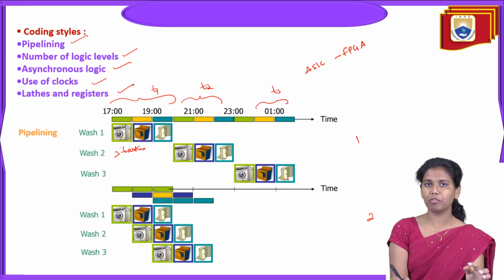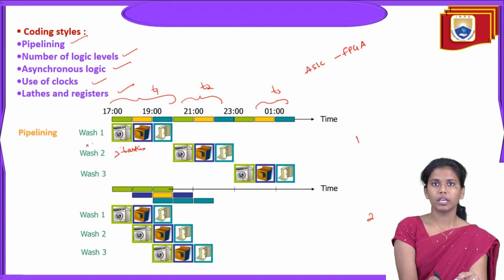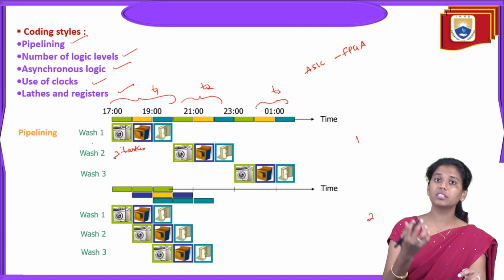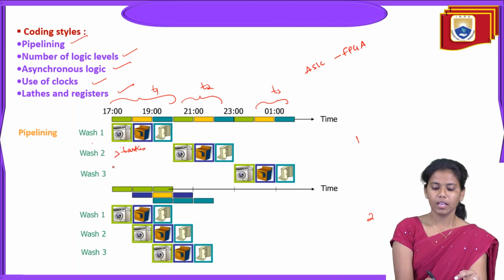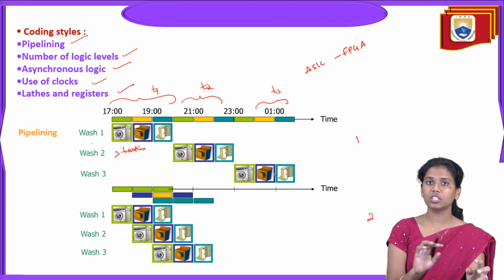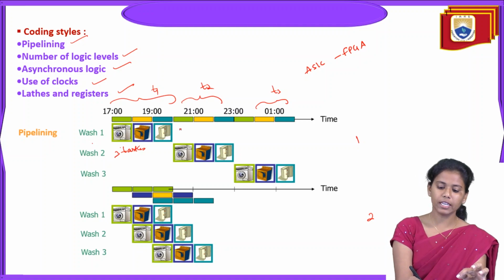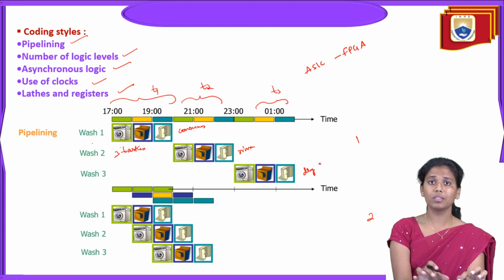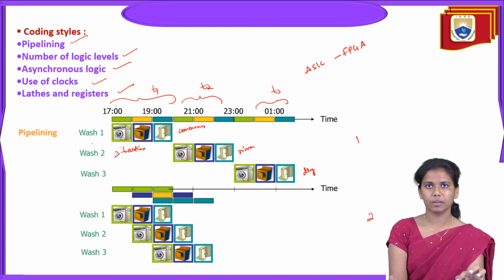But how is it performing? In the first wash, it will take out the detergent, in the second it will rinse, and in the third it dries out, right? First it consumes the detergent, in the second time period it just rinses, and in the third time period it dries out the clothes. So this is how the pipelining works.